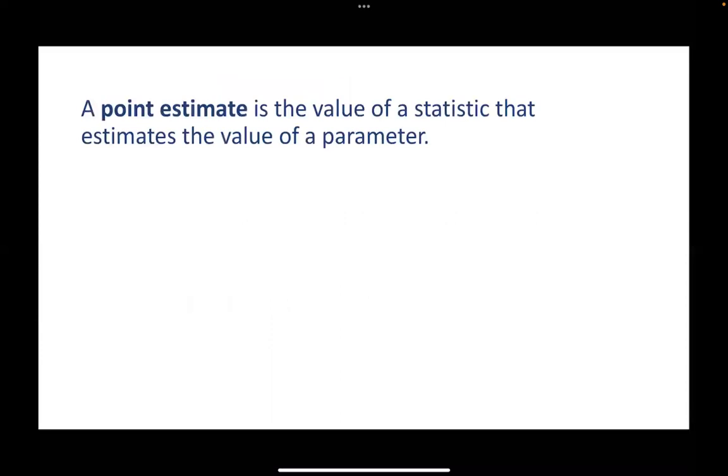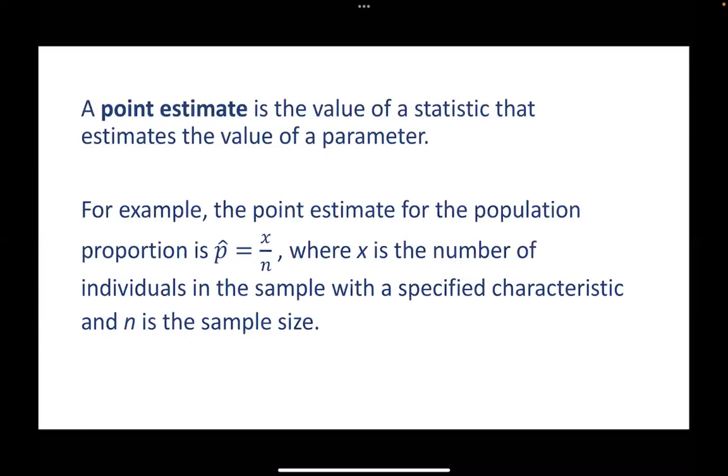All right. So point estimate, we've done these before, and I think we might have even called them point estimate before. Point estimate is just p hat. So we're going to use this point estimate to estimate a value of the parameter. So we're going to estimate the proportion of people or things that have a certain characteristic. So as always, as before, this is what a point estimate looks like.